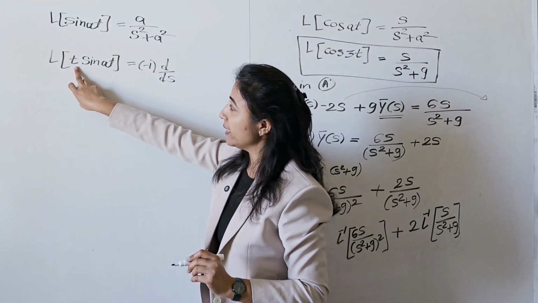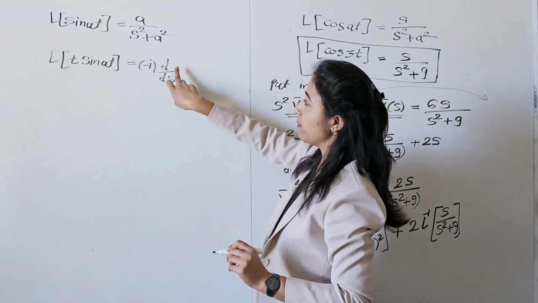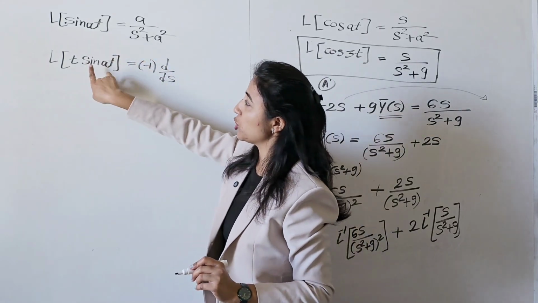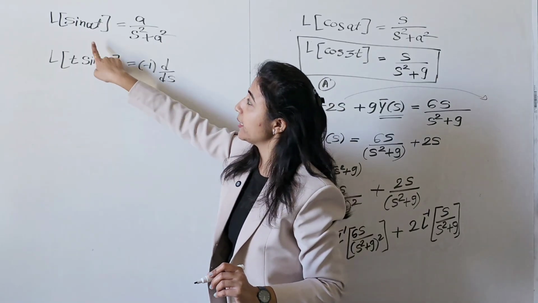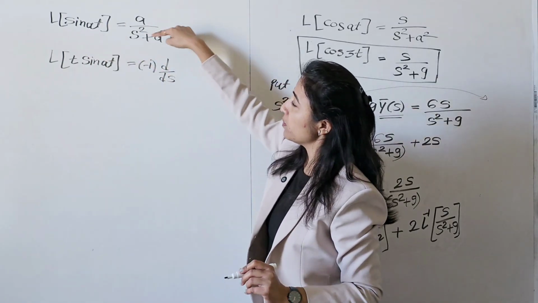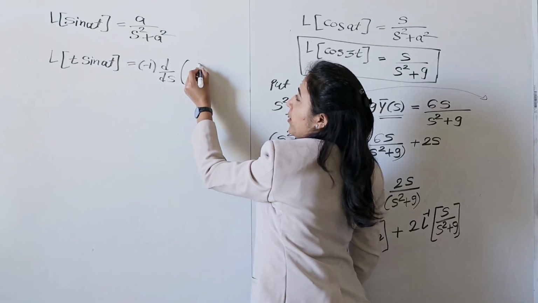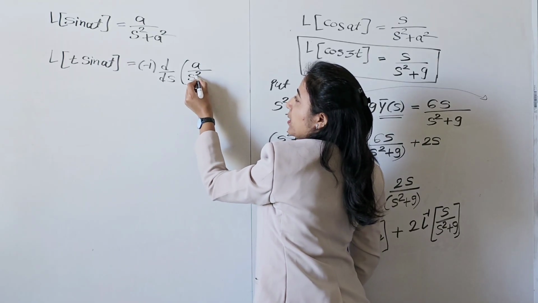So t is multiplied to sin at, so the function is sin at, and the Laplace transformation of sin at is a upon s square plus a square.